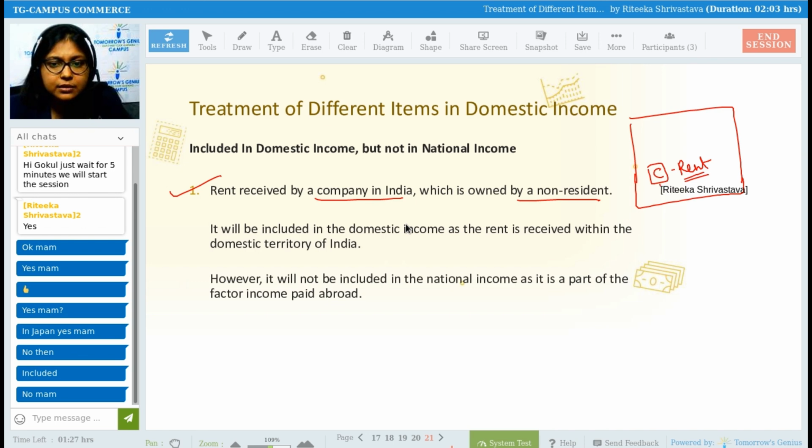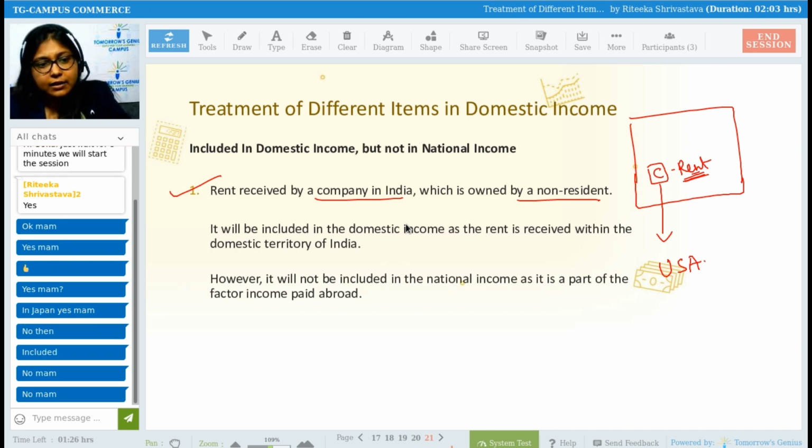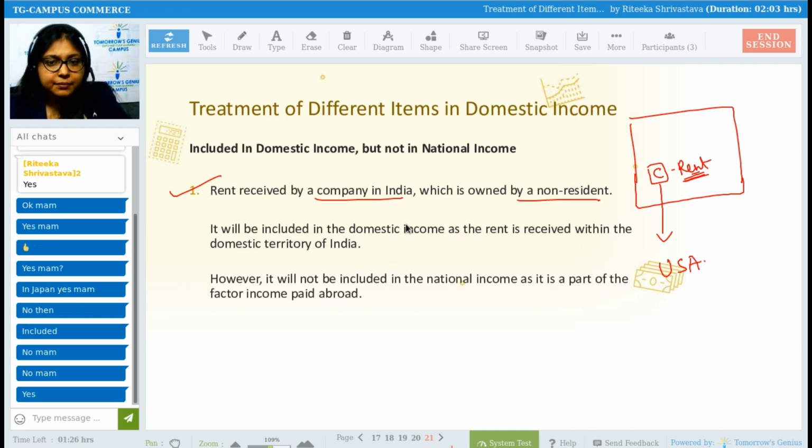Say suppose this company belongs to USA. Now tell me, will this rent be included in our national income? No. And will it be included in domestic income then? Yes, because it is within the domestic territory. And national? No, it cannot be national income because that income is of somebody else's company.